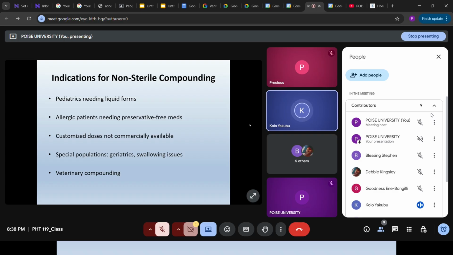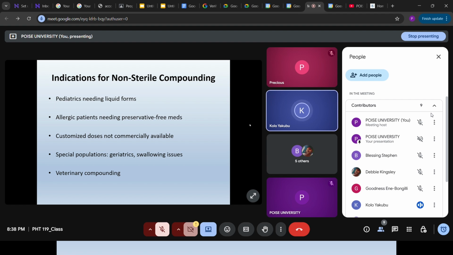So swallowing becomes a problem. In that case, you may have to help convert that tablet that old person is supposed to take into a liquid preparation, syrup, something to aid the passage of that medication. So that could be another reason.